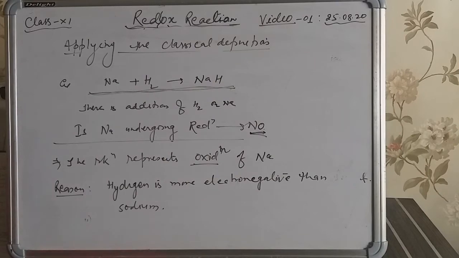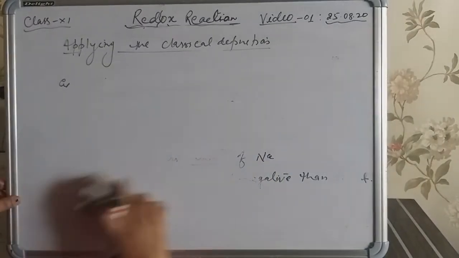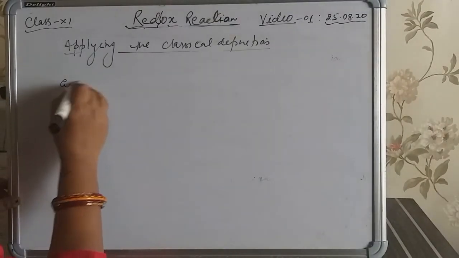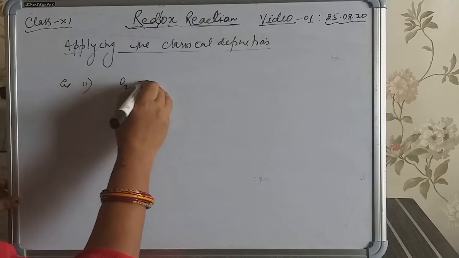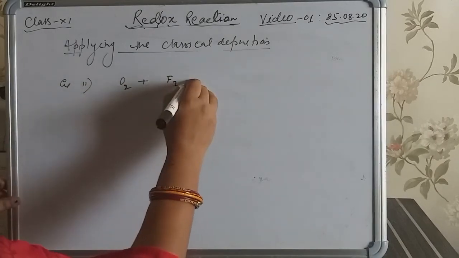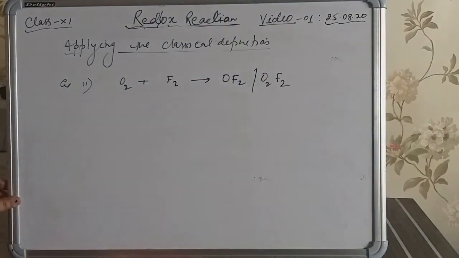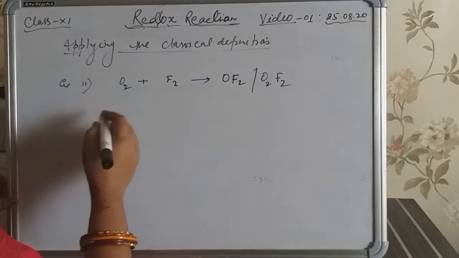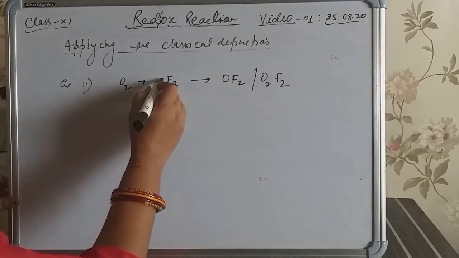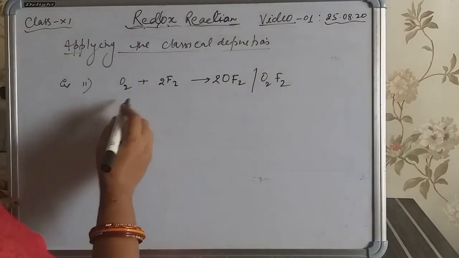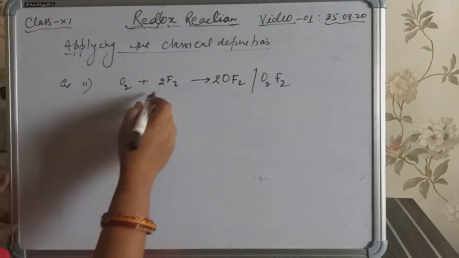Next example we will discuss: oxygen and fluorine. Example number 2, oxygen when treated with fluorine will form oxygen fluoride, or fluorine peroxide. So in that condition, there is an addition of oxygen on F2.